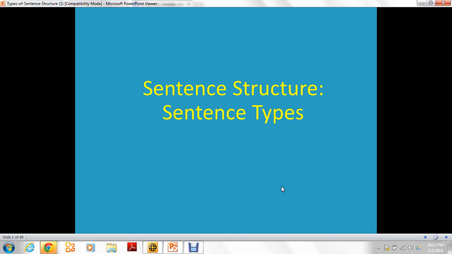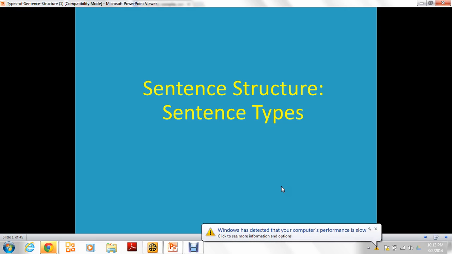This week our English focus is on sentence structure. Sentence structure. This is called sentence types.